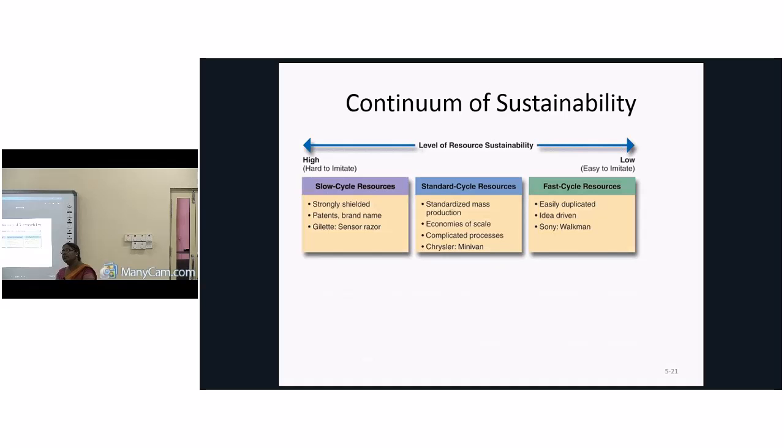Imitability is low and sustainability is high. Then ideas can be easily deprecated and have a very fast cycle. They can be imitated easily and sustainability is low.